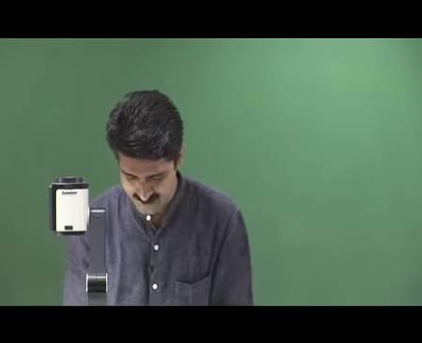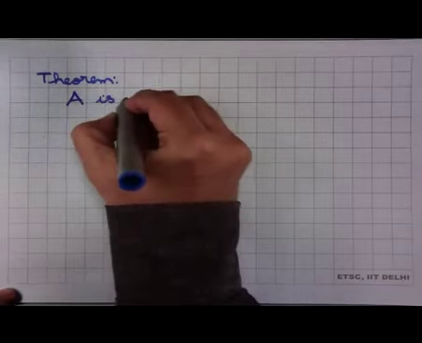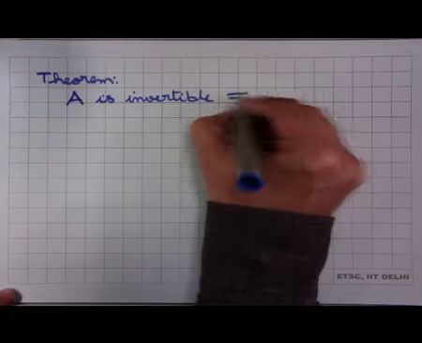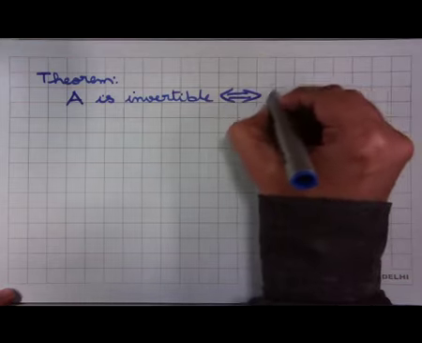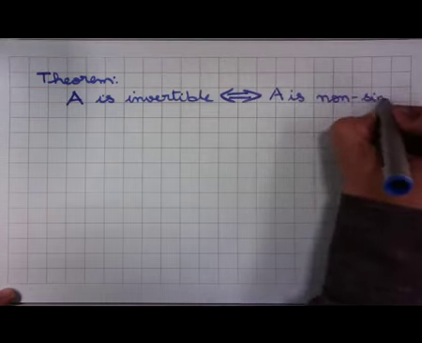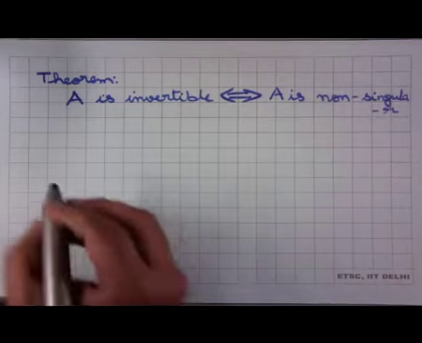And the theorem that we want to state over here is that a square matrix A is invertible if and only if it is non-singular. So, let me write down that statement and then we can look at the proof. The theorem is: a square matrix A is invertible if and only if A is non-singular, meaning that it has a non-zero determinant.